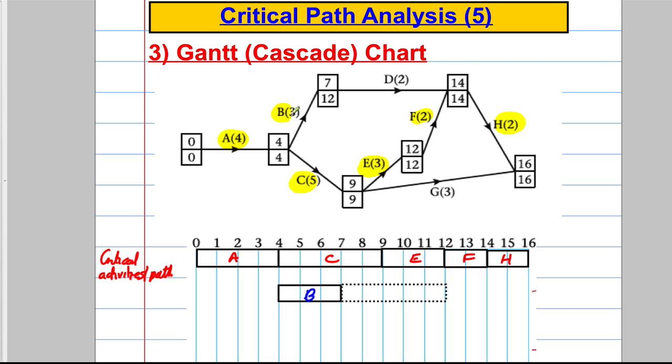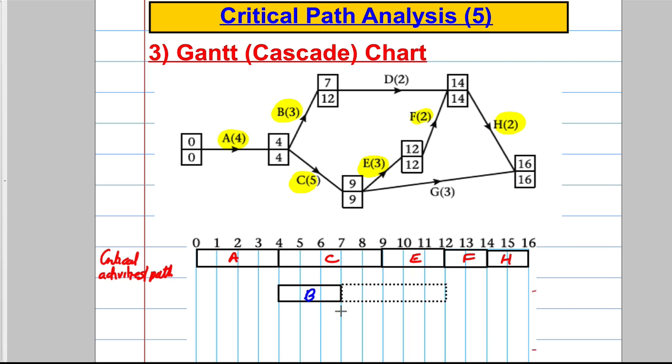Okay, so we've done B, so let's highlight B. Now we're going to go on and do D, that's not done here. So D, you can get to it at 7, and you have to have finished the activity by 14. And the float here is going to be 5: 14 subtract 2, which is 12, take away 7, which is 5.